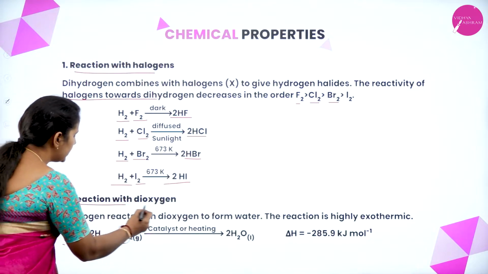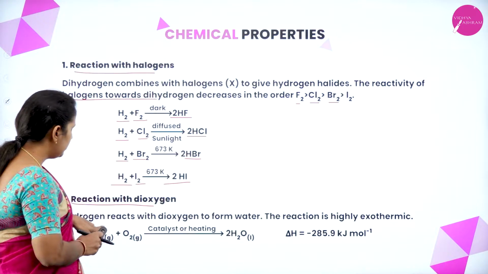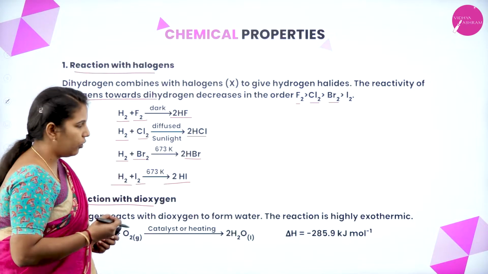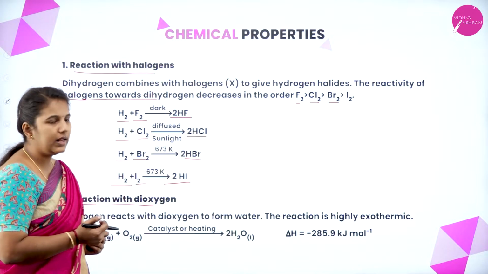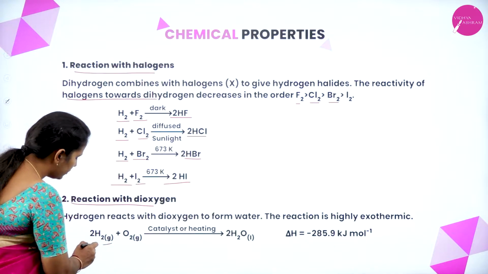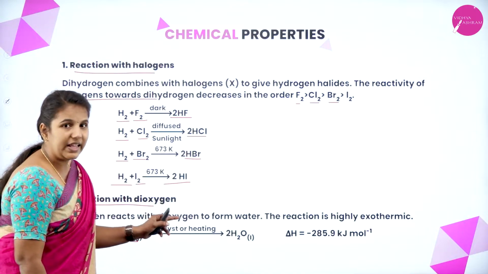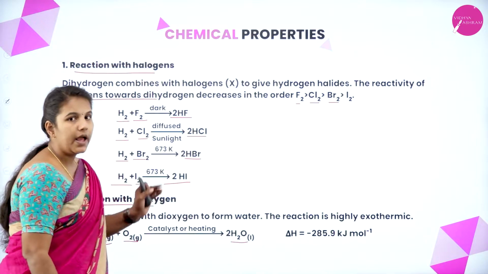Next is the reaction with dioxygen. When hydrogen reacts with dioxygen, it forms water. And remember, this reaction is exothermic in nature. Dihydrogen reacts with oxygen in the presence of a catalyst, or upon heating, to give rise to water.